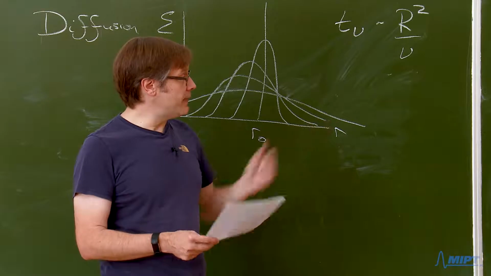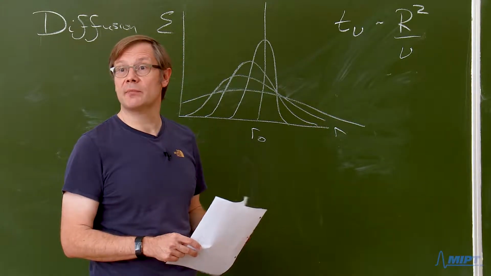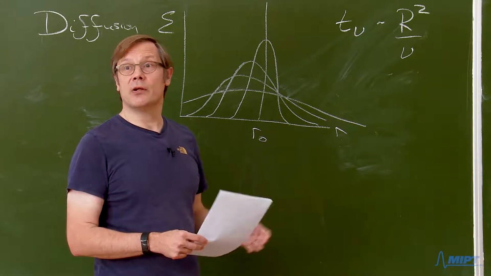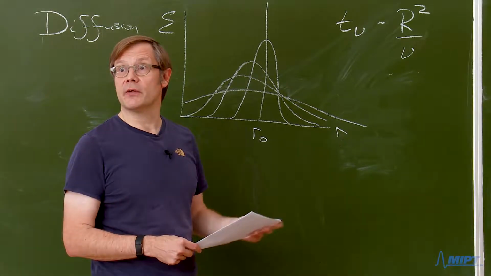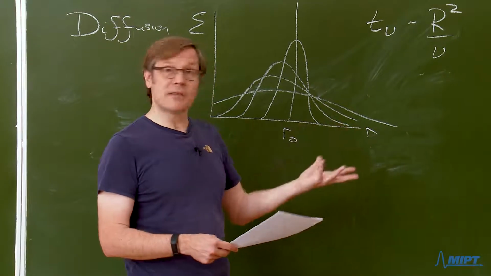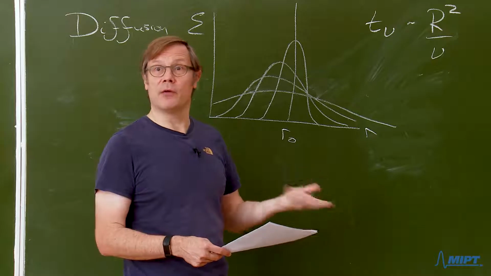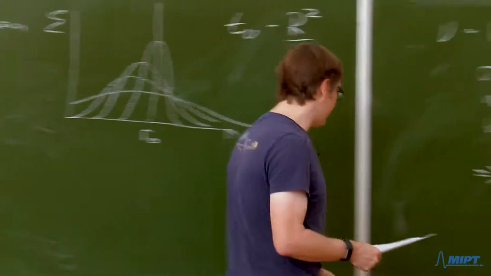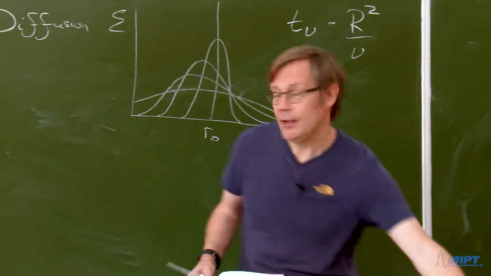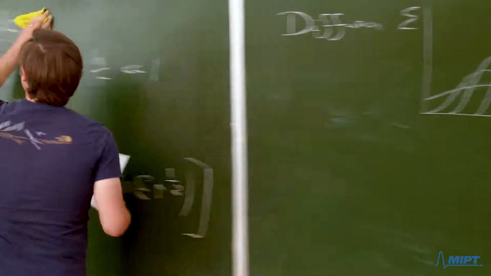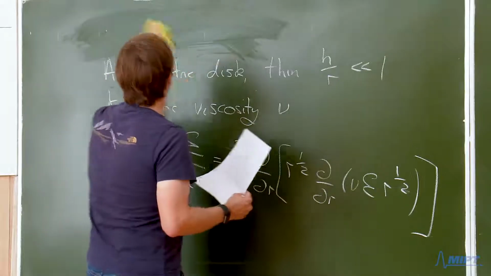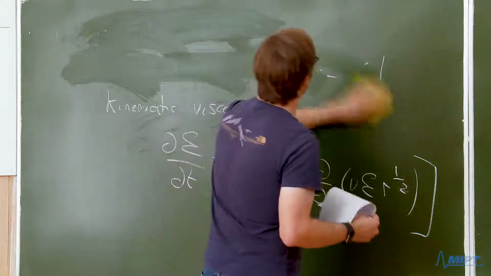So instead, we have a number that's 10 to the 7 times longer than that, and is much longer even than the age of the universe. So this molecular viscosity is negligible from the point of view of causing disk evolution. Okay, so that's not what is going on.